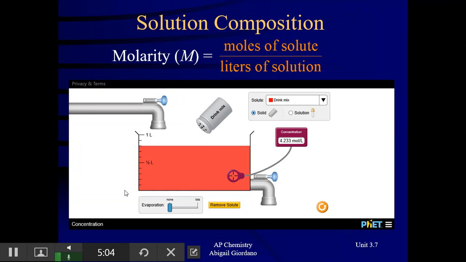So if evaporation takes place, what should happen to that concentration? Let's see. Yep, it's going up, up, up. So over time, as the solvent evaporates, the concentration is increasing. So I just wanted to make sure that you all understand not just how to calculate molarity, which we'll get to in a second, but just the concept of concentration.